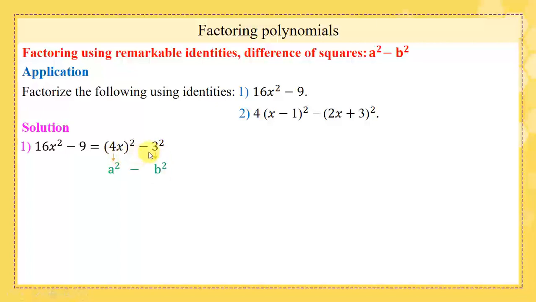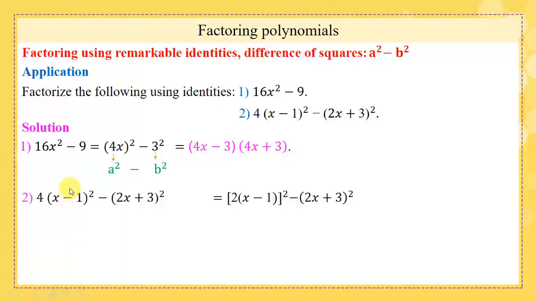Now we have a difference of squares, a squared minus b squared, so the answer by using the third identity is a minus b times a plus b, where a is 4x and b is 3.